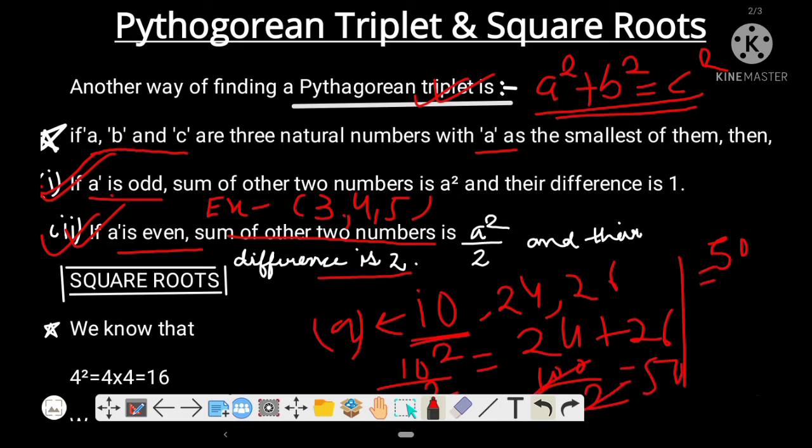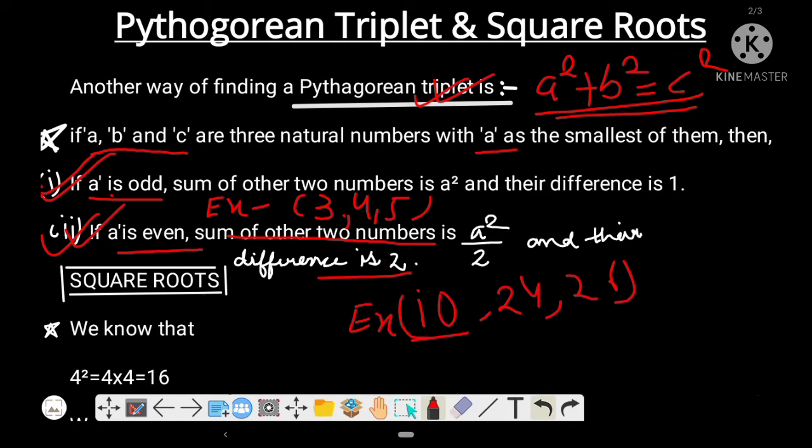So 50 is equal, and the difference 26 minus 24 is 2. So this is also satisfied. This is an example of the second method where a is even: 10, 24 and 26 are a Pythagorean triplet.